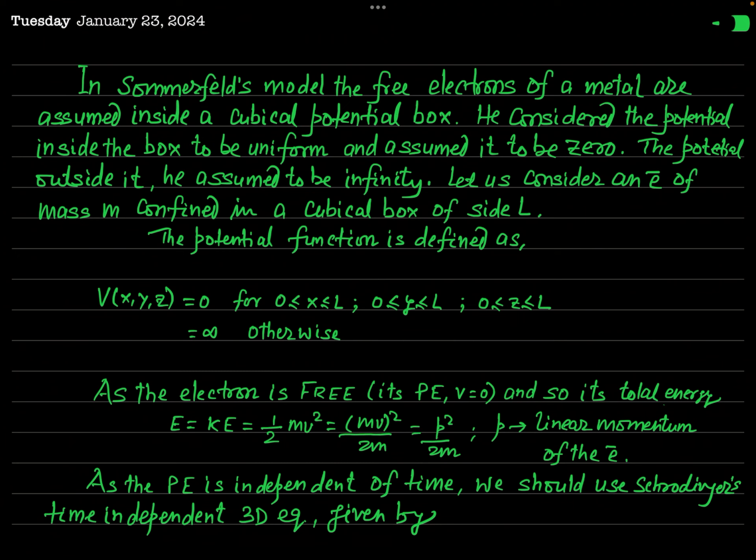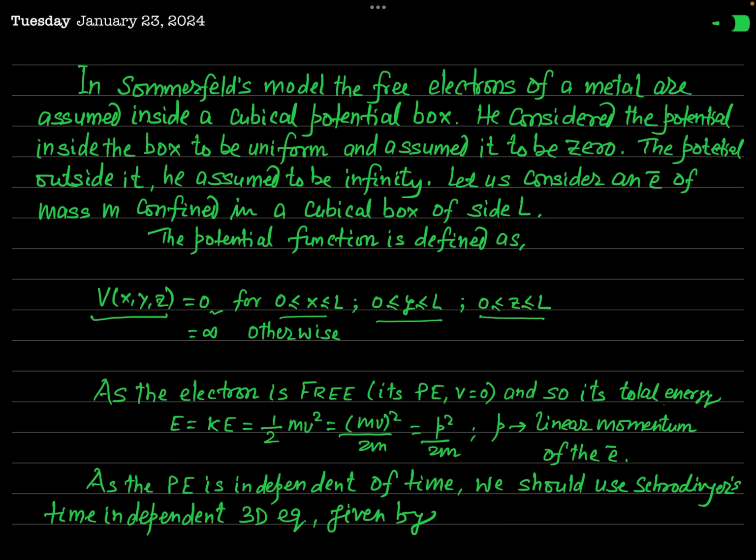This potential function V, which will be a function of the three space coordinates x, y, z, is equal to 0 in this range when 0 is less than or equal to x and x is less than or equal to L, and 0 is less than or equal to y and y is less than or equal to L, and similarly 0 is less than or equal to z and z is less than or equal to L. It means inside the box, the potential field is 0.